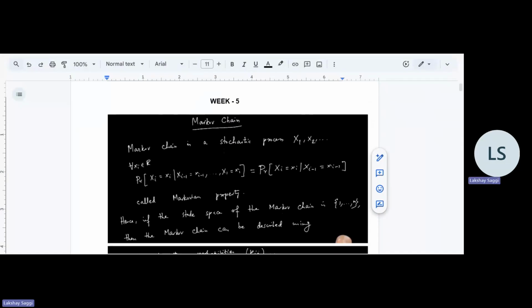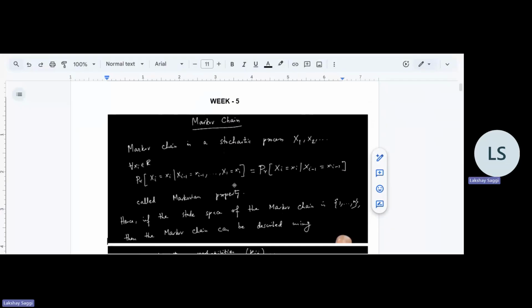Essentially, the probability that capital Xi is small xi, given the values at previous time steps, is just equal to the probability of xi given that at time step i minus 1 it took the value xi minus 1.